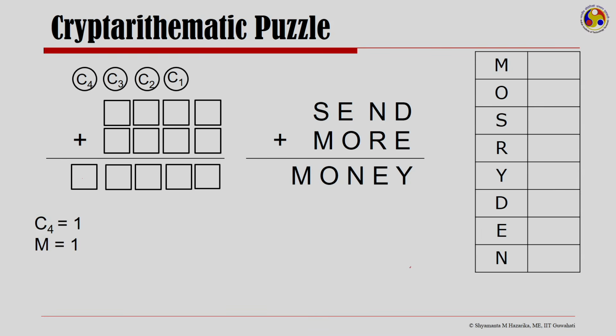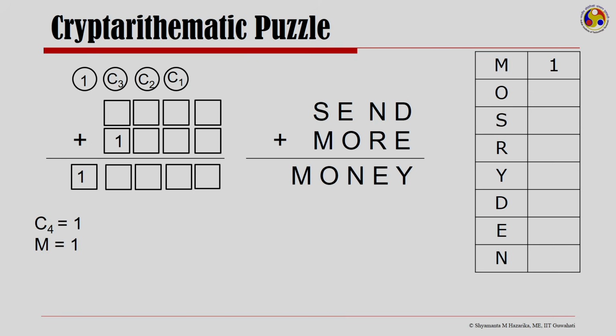So, my first answer from a constraint being satisfied is that the constraint between C4 and M tells me that M is equal to 1. Given M is equal to 1, I update my table by putting 1 here and putting 1 again in each place where M occurs.